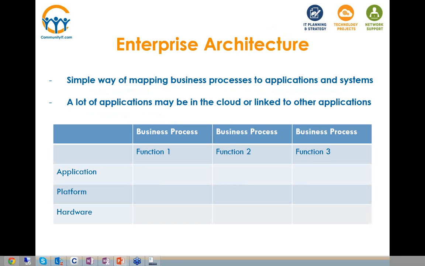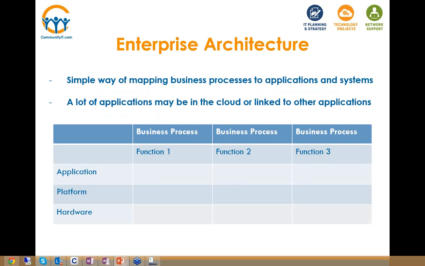So I like to use the simple enterprise architecture framework that helps to identify all the different business processes in an organization, and then look at those systems as how they go through the organizational chart in terms of what application is being used by it, what platform that sits on, and then potentially what hardware.